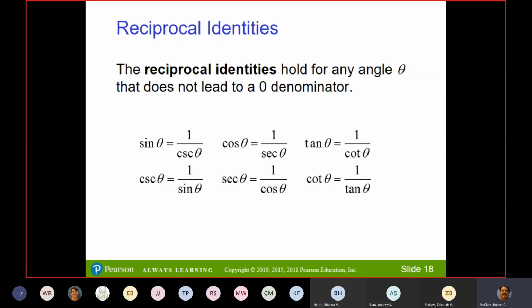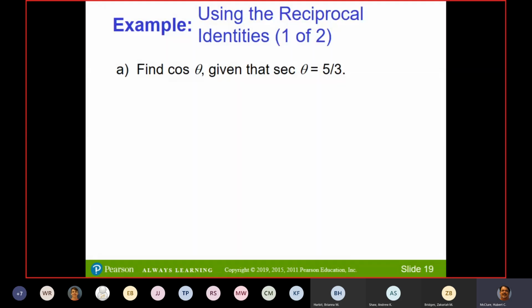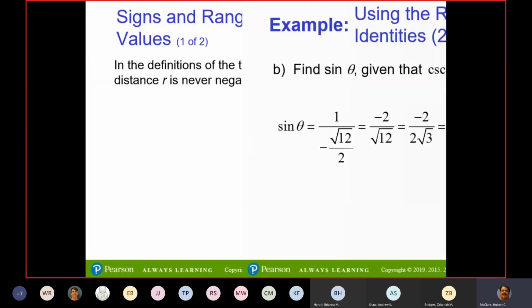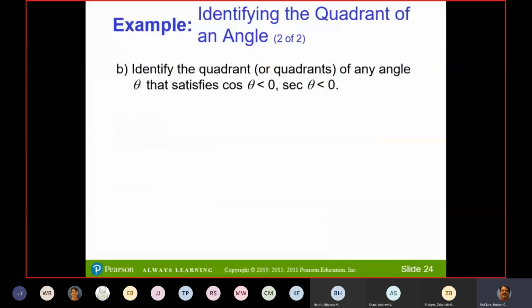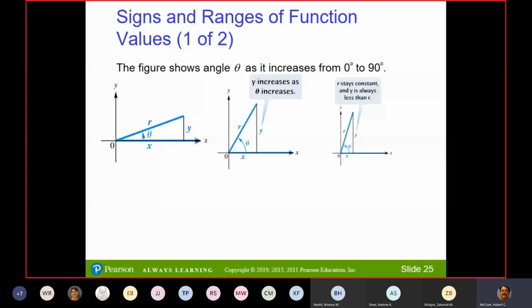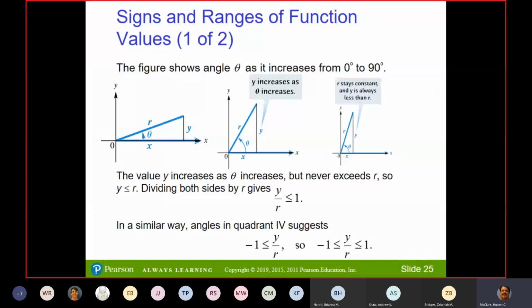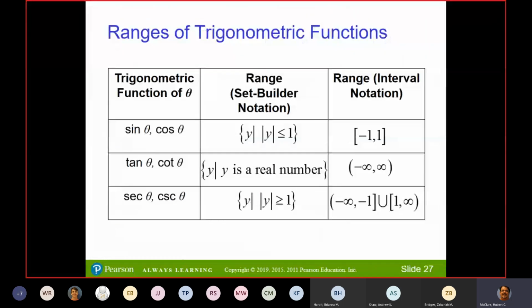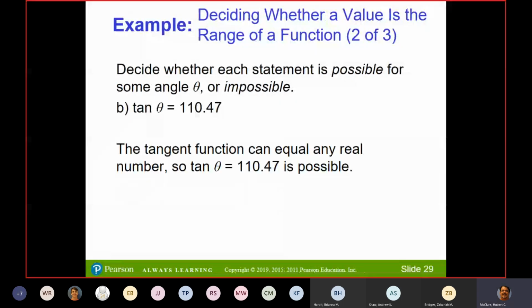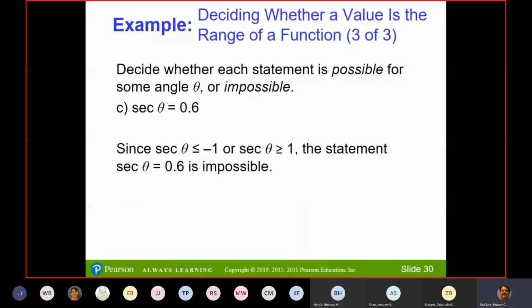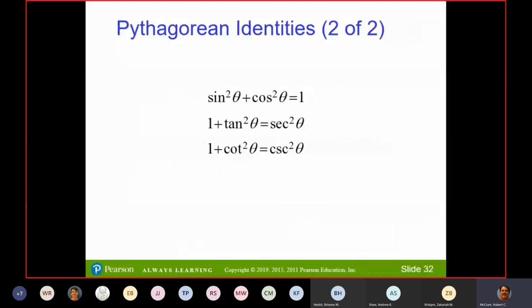Told you that those were the first ones that were important. That's not the ones I'm wanting to see. They might show them after the Pythagorean identities. And then there's the Pythagorean identities. So you might want to write those down.